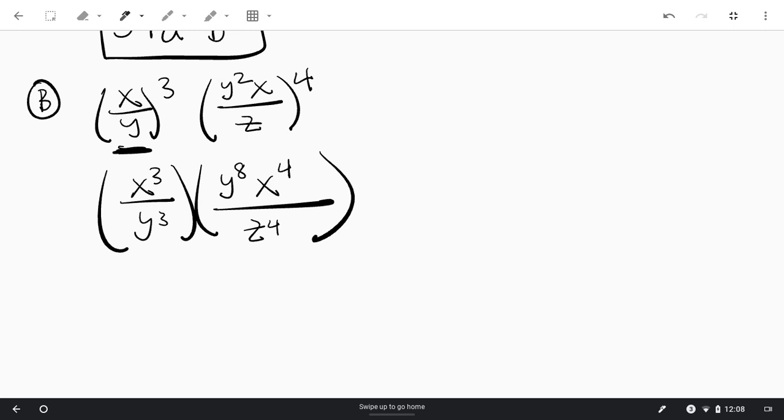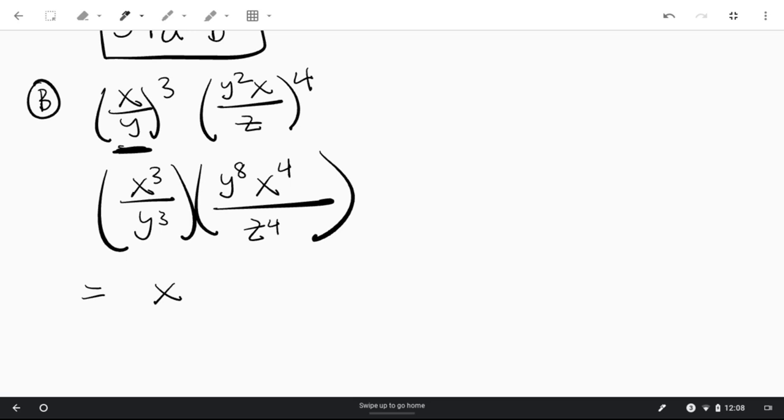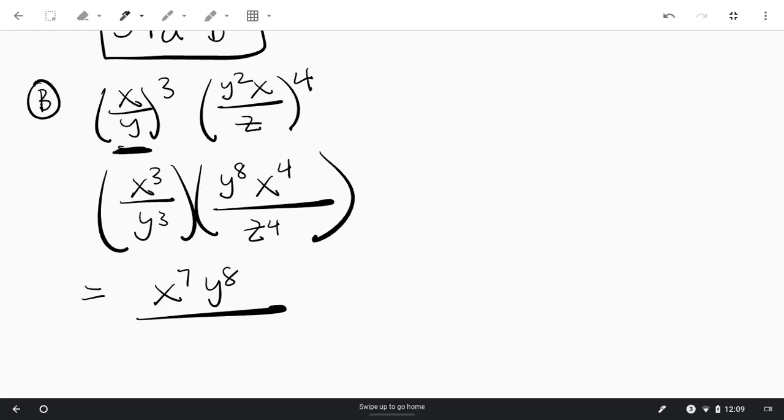So multiplying like bases across the top, I get x cubed times x to the 4th, so I add the exponents and I get 7. Over here, I get y to the 8th. And down here, I get y to the third and z to the 4th.